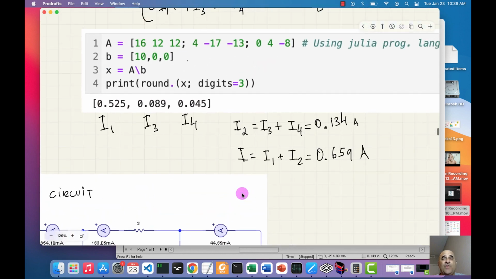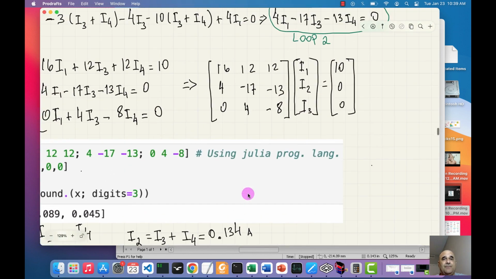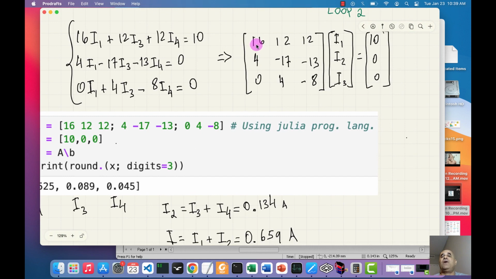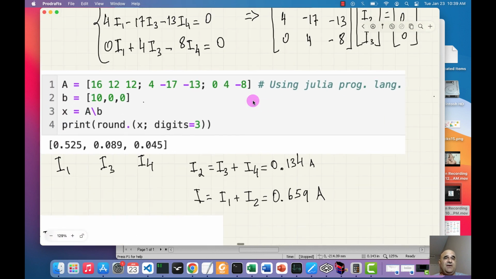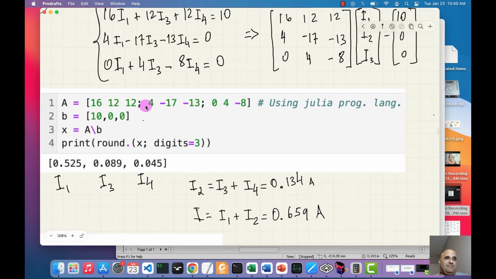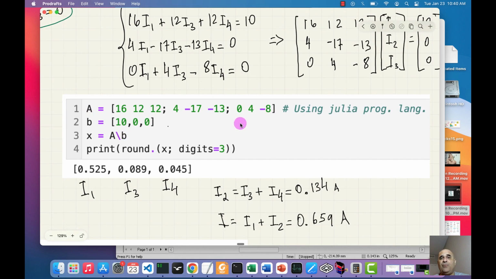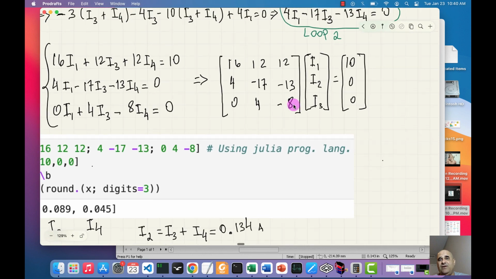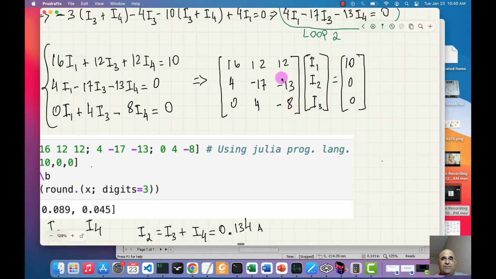So I know this technique can be a little bit boring because you need to solve this system of linear equations. If you have four loops, a matrix 4 by 4, and so on. So in this case, we need to use some computer programming language to help us do this very quickly. Of course, you can do this manually, it is good if you want to remember how to do that, using the determinant and so on.